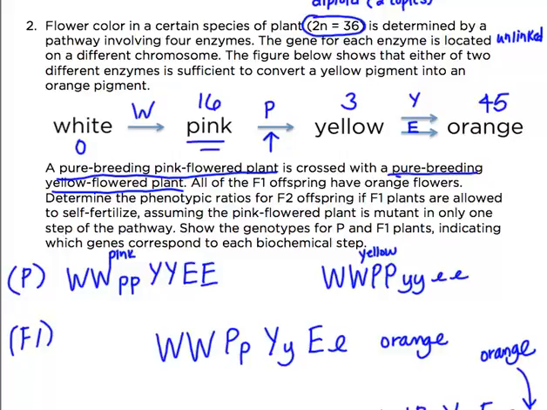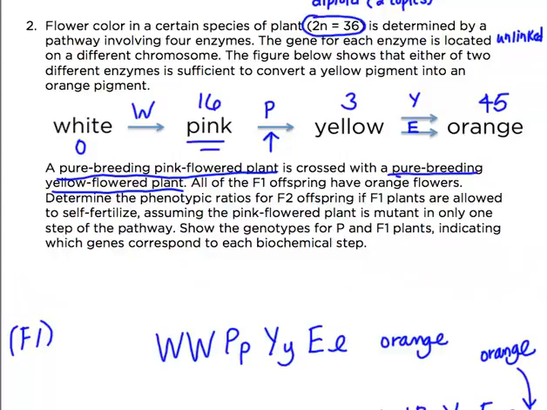So I'm just going to erase so I can write the answer more neatly. The phenotypes for the F2 generation when you cross two F1 plants is going to be 0 white to 16 pink to 3 yellow to 45 orange.